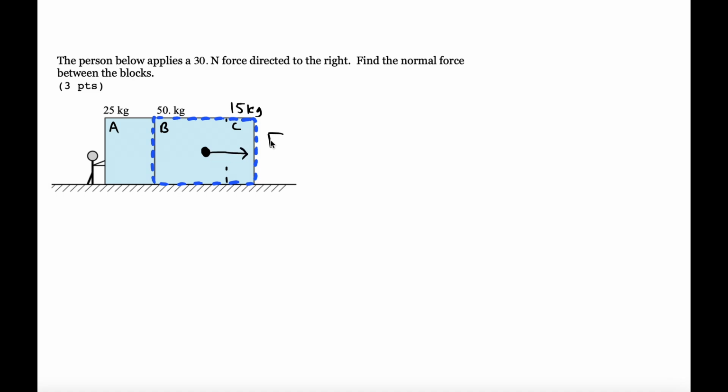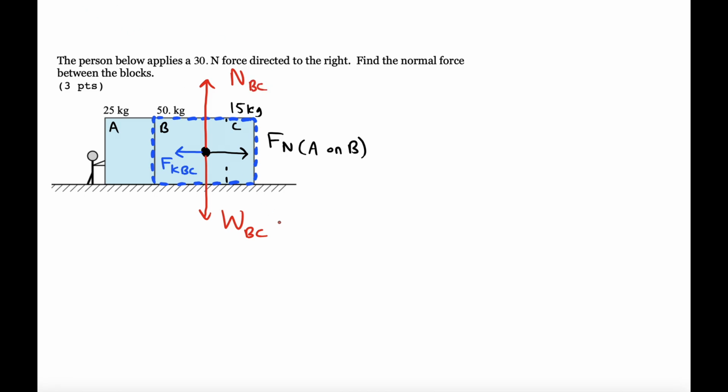So there's going to be a normal force of A on B, which is part of the diagram. We're also going to have some significant friction involved, so we'll call that FKBC, kinetic friction on B and C together.